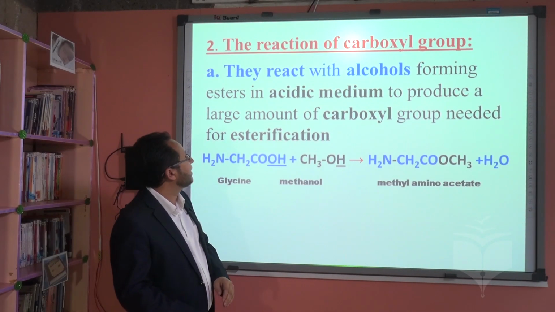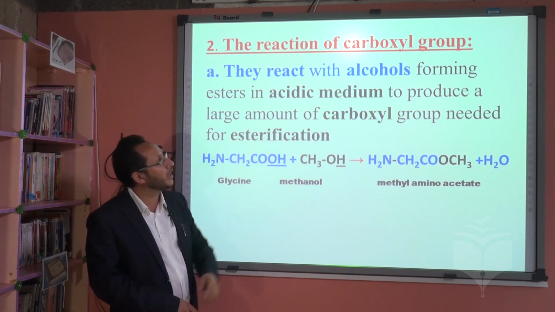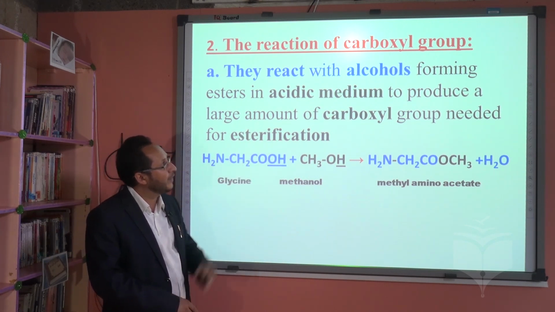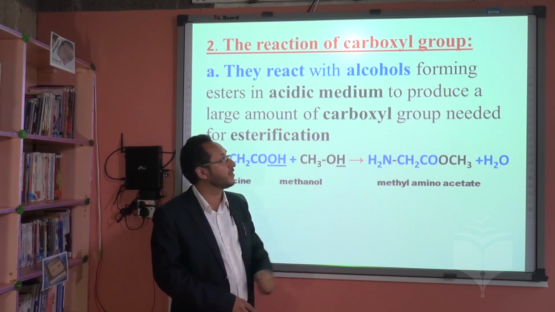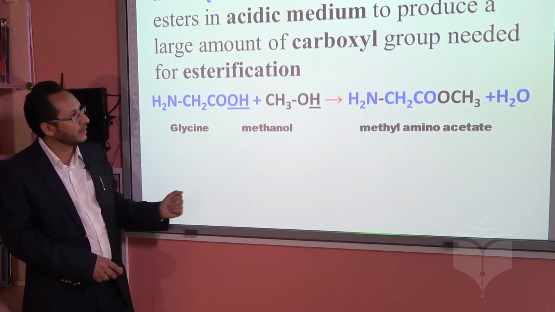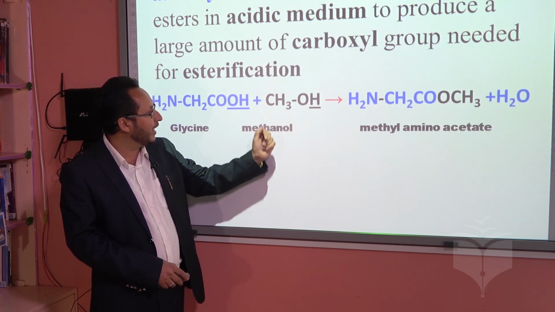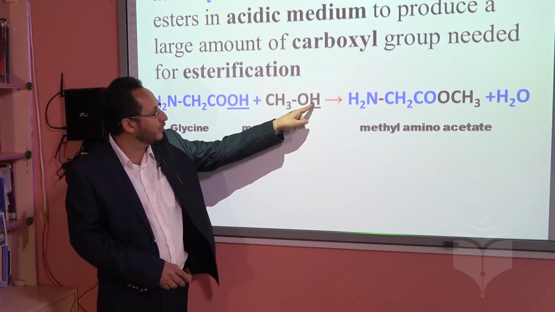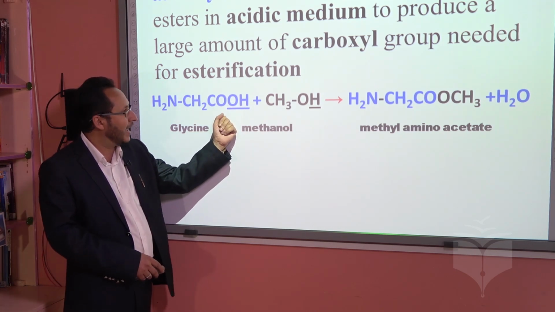Now, the second type of reaction is not for the amino group, it is for the carboxyl group. We have two types of reaction. First, with alcohol to give us an ester. So here it is, the amino acid glycine. This is the alcohol, we have OH. From the alcohol, you have to remove this H, with OH from the acid.